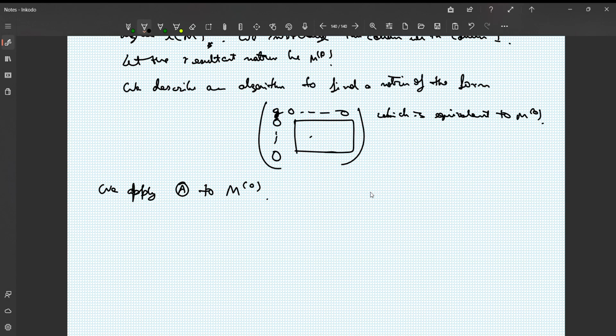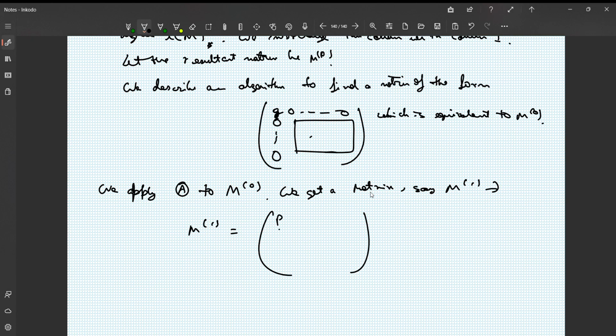So if I apply A to M0, then we get a matrix which has the first entry of the first column to be some polynomial p, and all the other entries in the first column are 0, right?